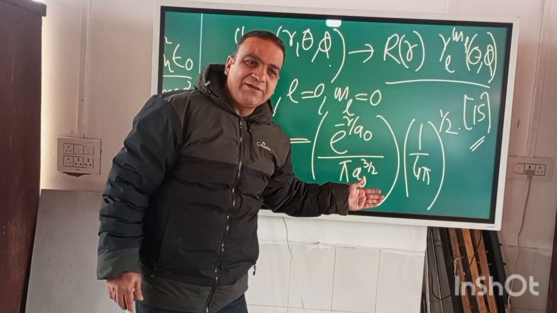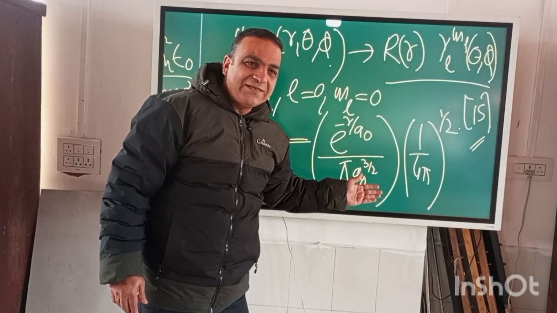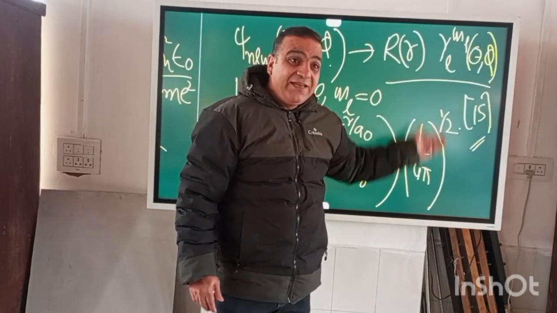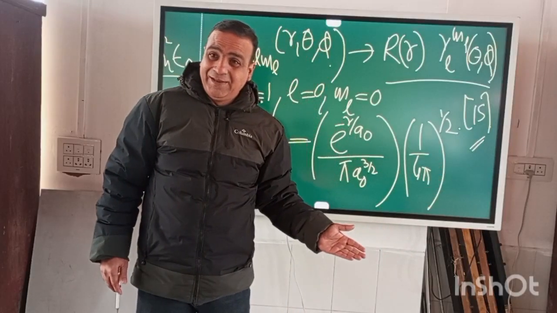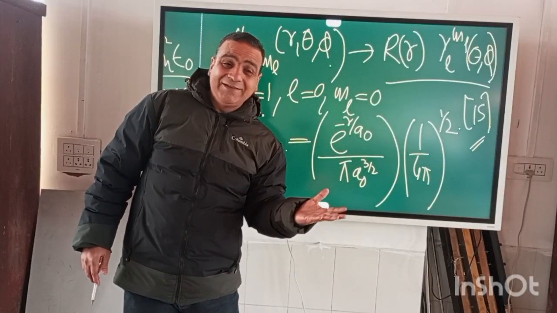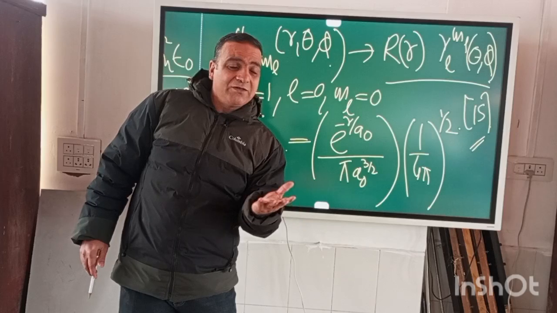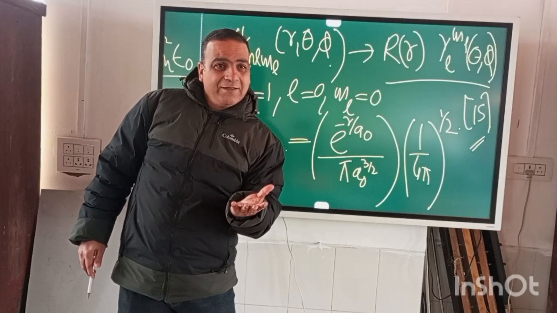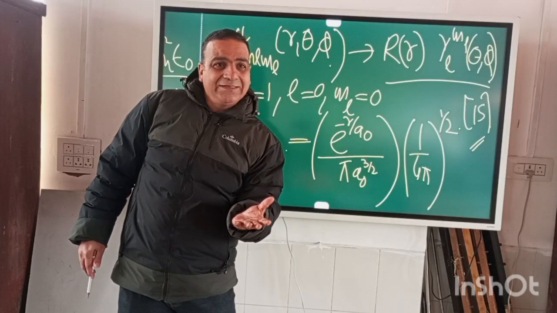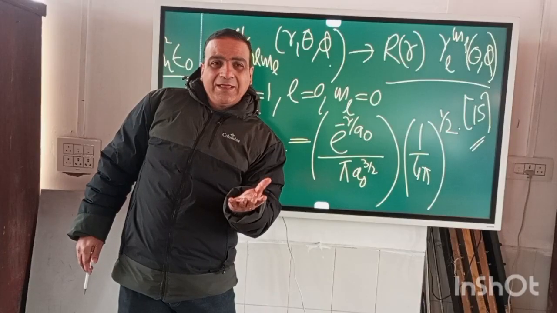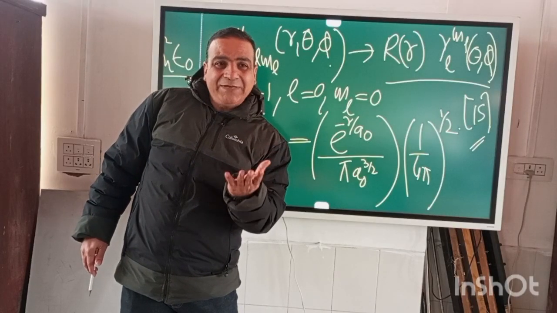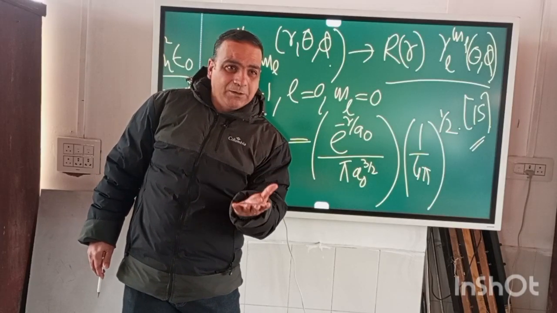Why is it spherically symmetric? Come on. Because there is no change in theta and phi. In fact, I think this is the argument that we started with when we talked about spherical polar coordinates. We chose the argument that the hydrogen atom is a spherically symmetric problem.